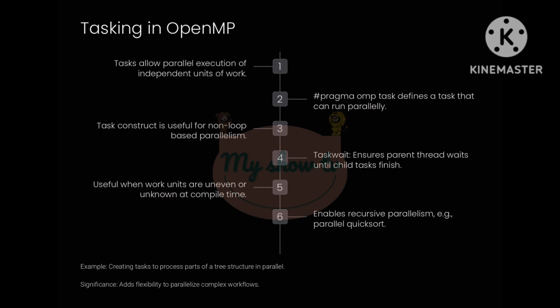We can use taskwait to wait for tasks to finish before proceeding. Tasking makes OpenMP powerful for problems like parallel quicksort, graph traversal, or when processing hierarchical data like trees. It introduces flexibility to write more complex parallel programs beyond loops.